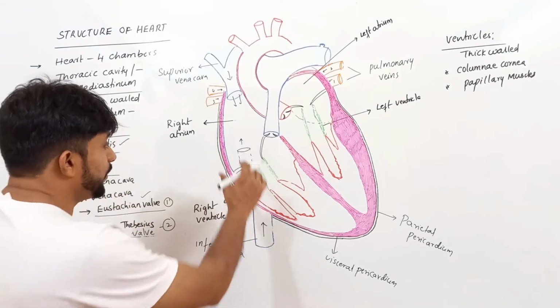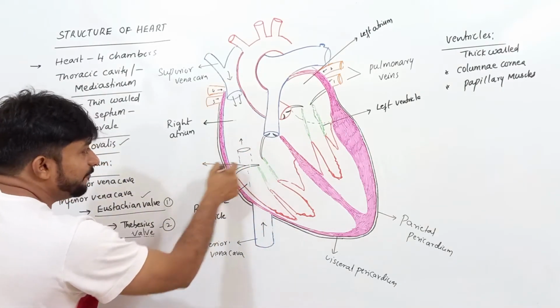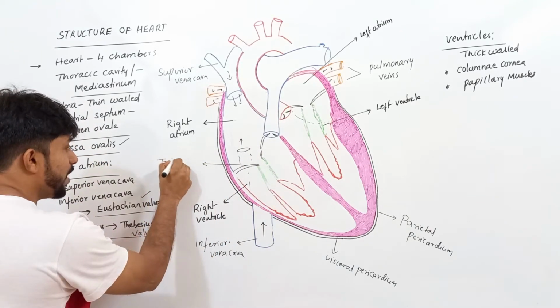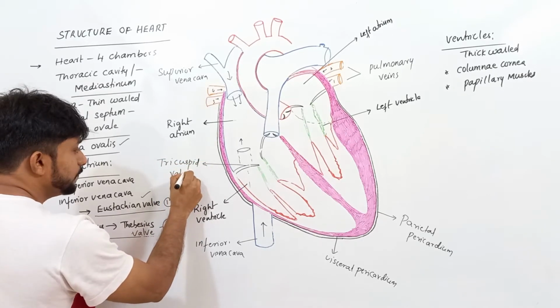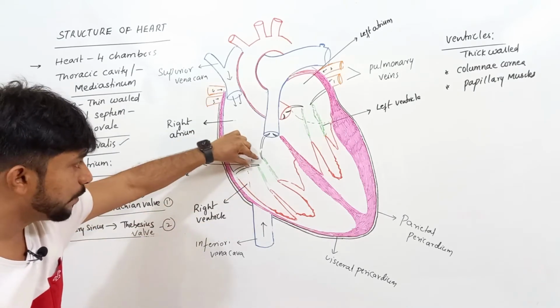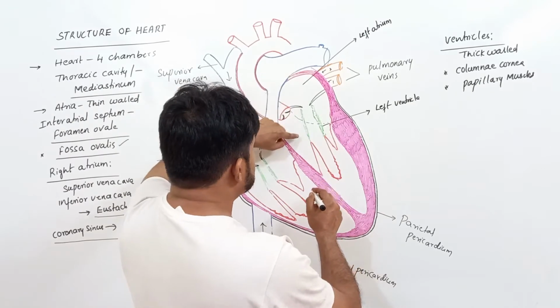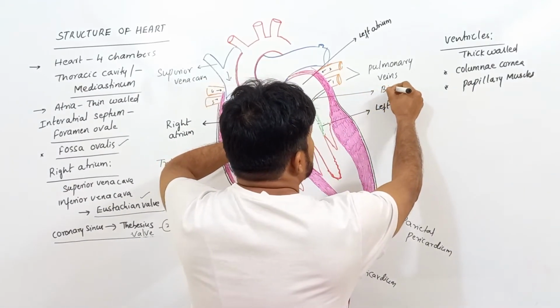The right atrioventricular septum is guarded by valves. This is called tricuspid valve. The opening of right atrium into right ventricle is guarded by tricuspid valve. The opening of the left atrium into the left ventricle is guarded by bicuspid valve.